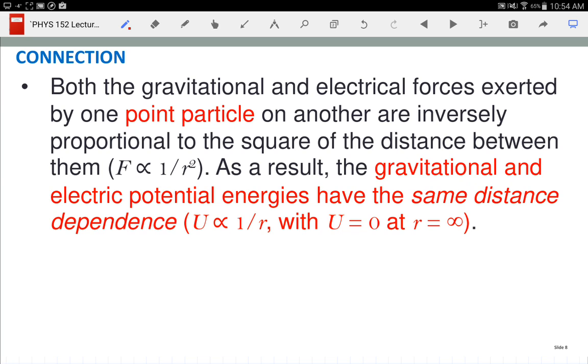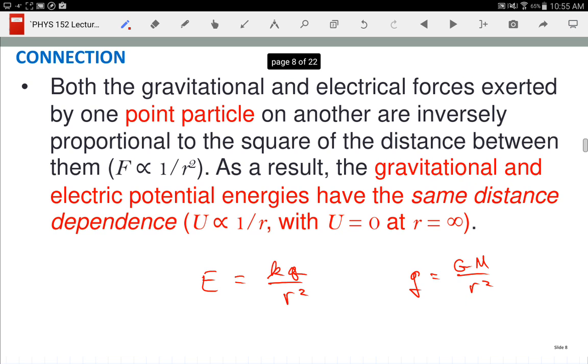But if you have a point charge, then the electric field strength is equal to KQ over R squared. And so the electric field is going to change as the charge moves in response to that force. We had the gravitational field was GM over R squared.